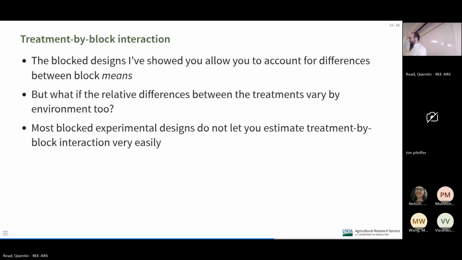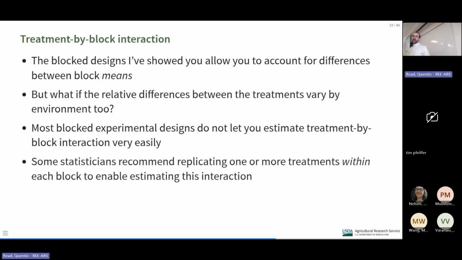Like, let's say we're looking at phosphorus addition, but this patch of land has no nitrogen whatsoever. Adding phosphorus is not going to improve yield because it's limited by nitrogen, whereas in another spot it does. So the relative difference between the treatments is different between the blocks. That can happen.